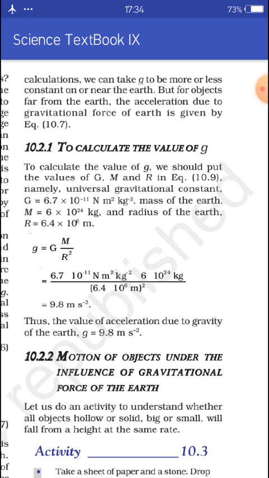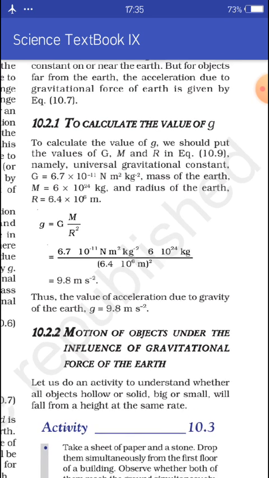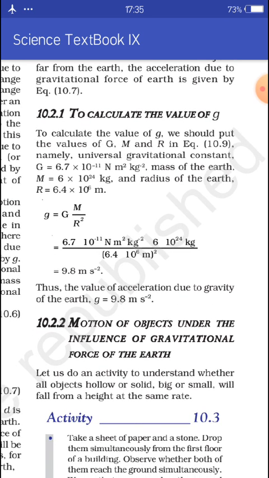Okay, so to calculate the value of g, put the values in G M upon R square. The value of capital G is 6.7 into 10 raised to minus 11 Newton meter square per kg square. The mass of the earth, capital M, is 6 into 10 raised to 24 kg, and the value of capital R is 6.4 into 10 raised to 6 meter.